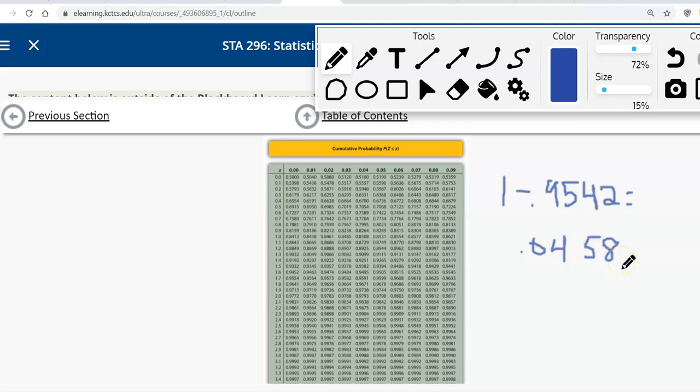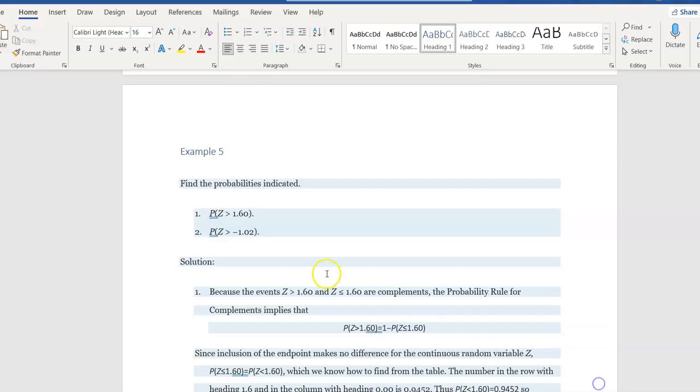Now let's do the same thing for our second probability. Our second probability was the probability that z is greater than negative 1.02. Exactly the same process, but just to be different, let's do this one with Excel.